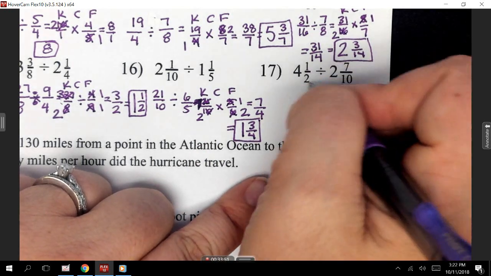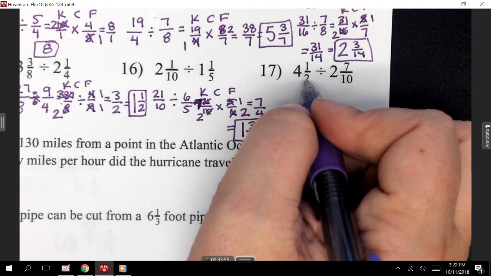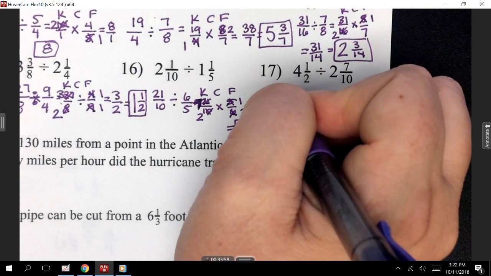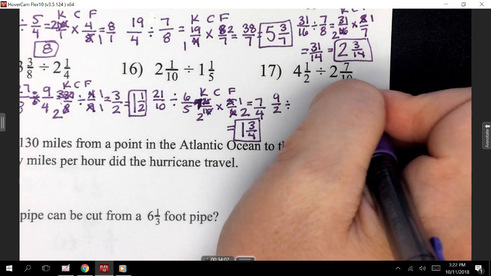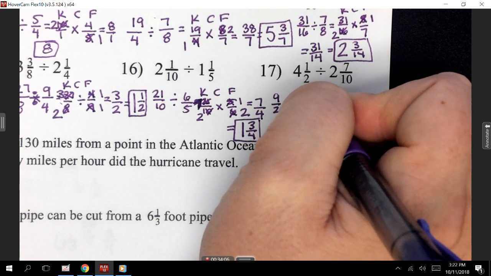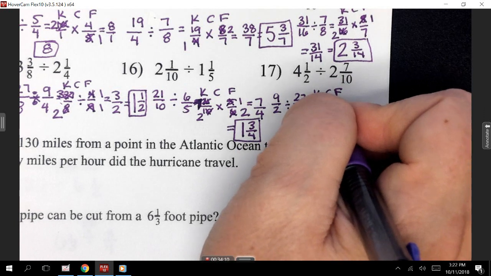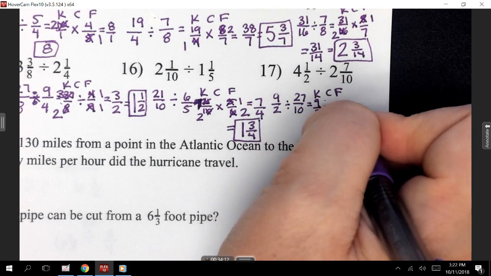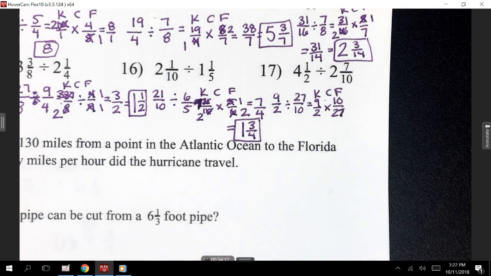All right, number 17, changing these to improper. So 2 times 4 is 8, plus 1 is 9, so I get 9 over 2, divided by 2 times 10 is 20, plus 7, 27 over 10. All right, we're going to KCF, so we keep 9 over 2, change it to multiplication, and flip 10 and 27.